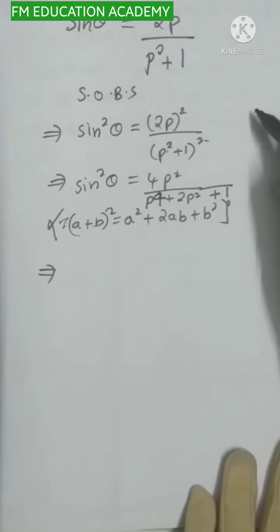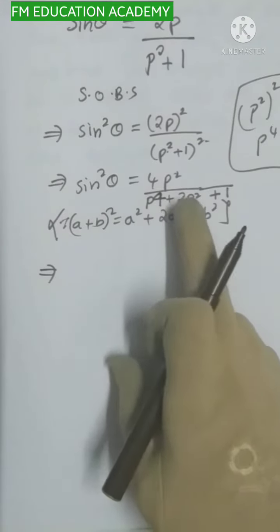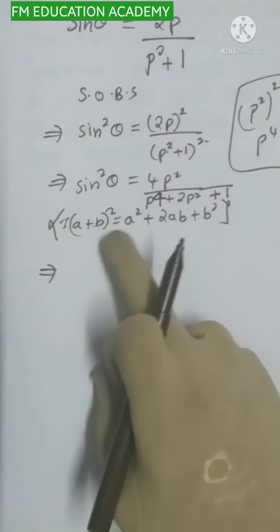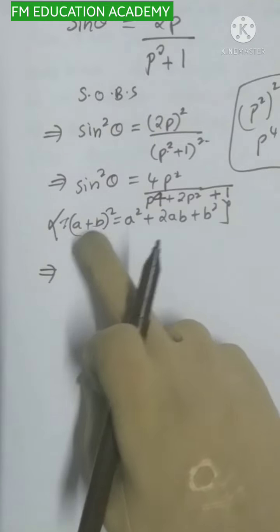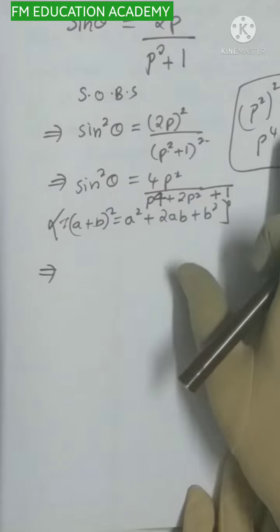See here, p square whole square is 2 times 2, which is 4, so you will have p power 4. That is how we got p power 4 here. In a square plus 2ab plus b square, a here is p square, so a square becomes p square whole square, which is nothing but p power 4.